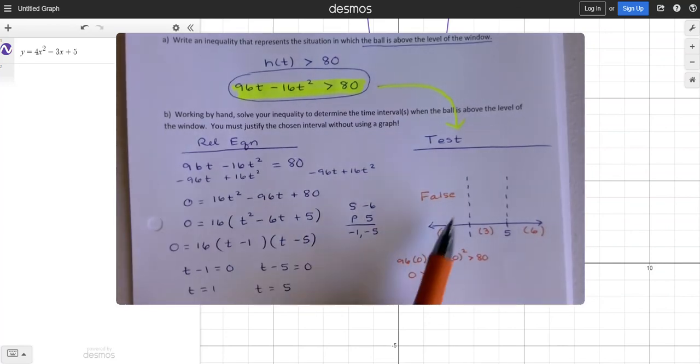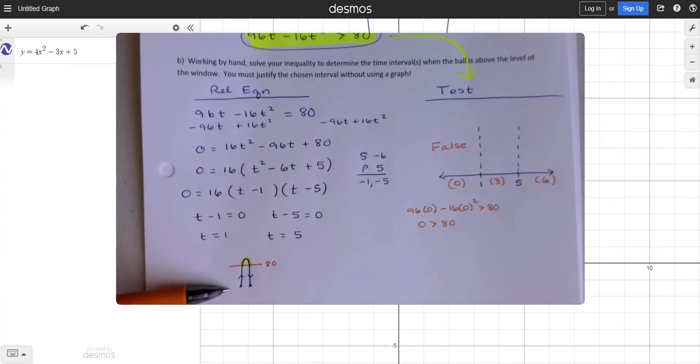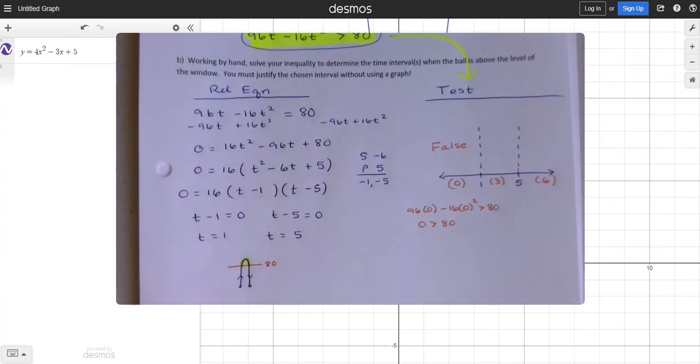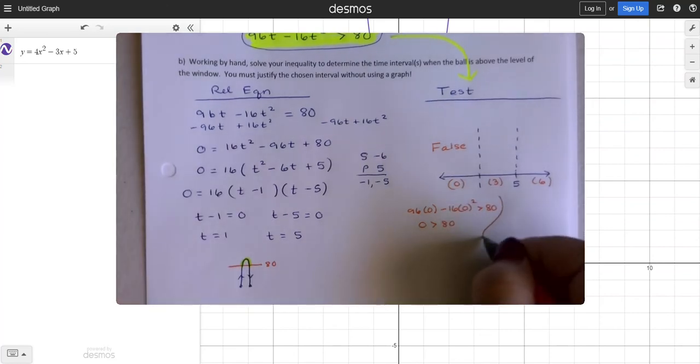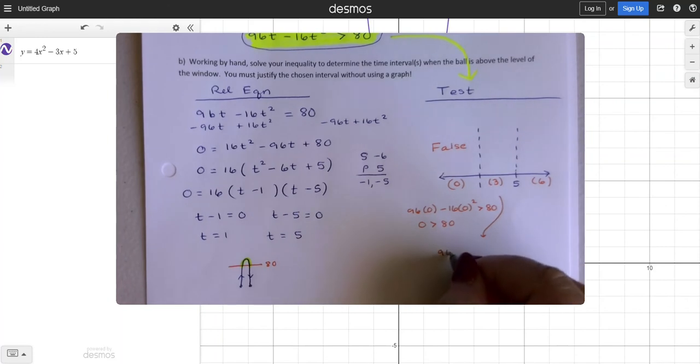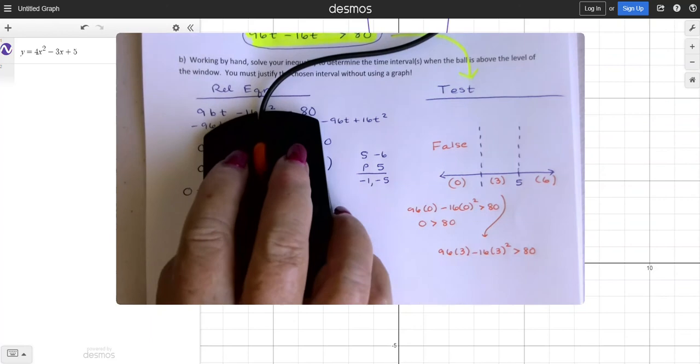For any time before 1, I should still be down in this part of the flight. I'm expecting to get a true value in the second part. That's when I'm up here at the very height, the tallest part of my flight. So that would be 96 times 3 minus 16 times 3 squared, hoping that's greater than 80, and that's more than I want to do in my head.